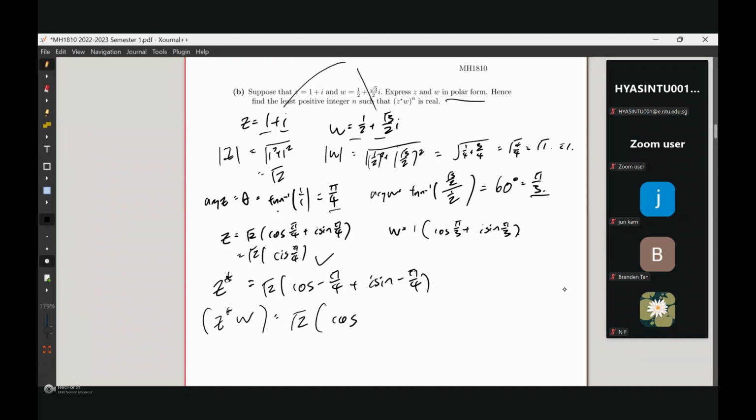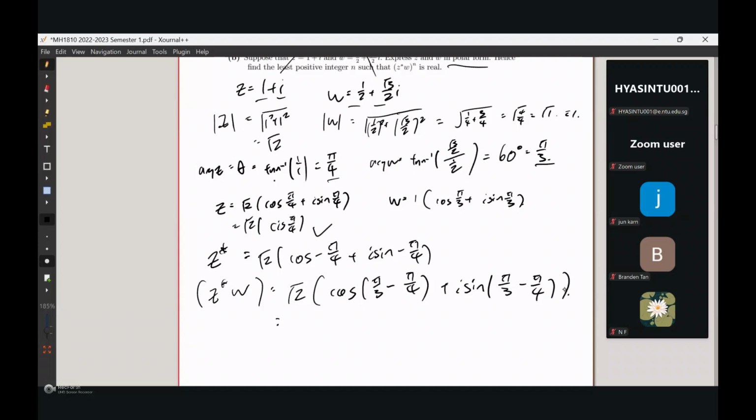So here will be cosine of pi over 3 minus pi over 4, plus i sine of pi over 3 minus pi over 4. So here you should get square root 2 cosine of 1 over 3 minus 1 over 4, which is 1 over 12, so pi over 12, plus i sine of pi over 12.